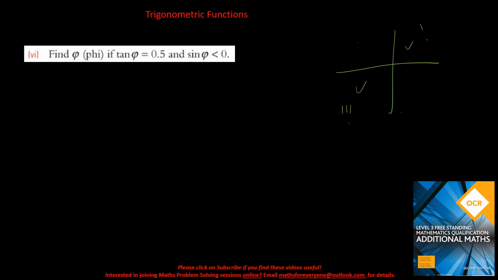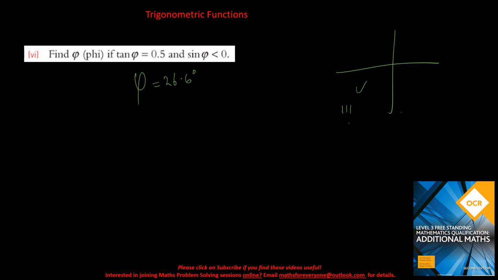So tan phi is 0.5, so phi is tan inverse of 0.5, and the principal angle for phi is 26.6 degrees. So if phi is 26.6 degrees and sine phi is less than 0, it's likely to lie in the third quadrant, so it's not going to be here.